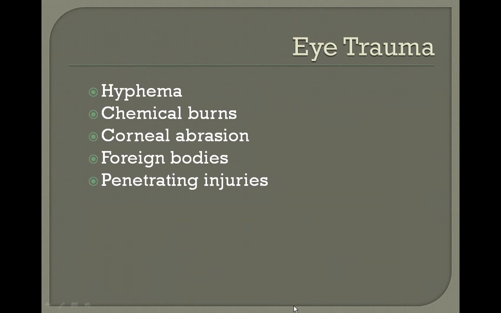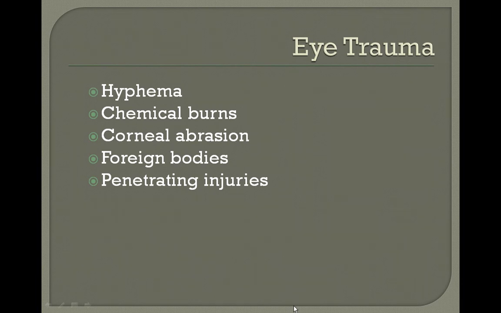And so, although it's painful, they usually heal without any type of complication or scarring. The person may have blurred vision or tearing in the immediate period, but these areas usually resolve themselves without any complications or scarring.